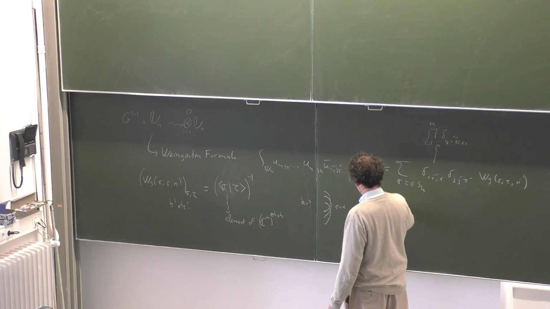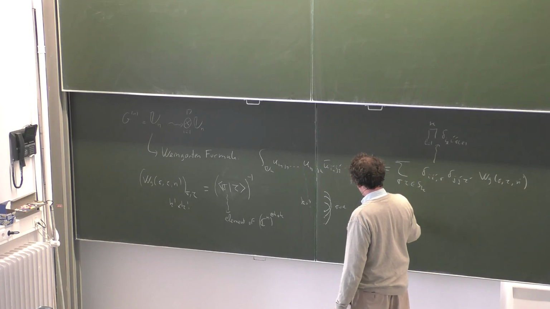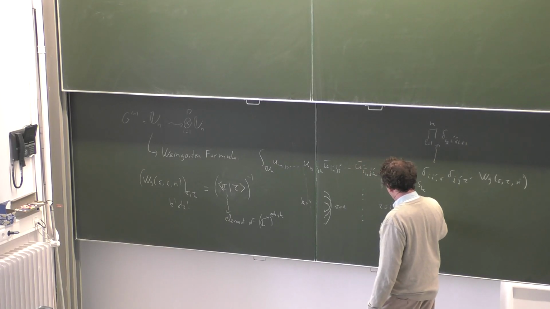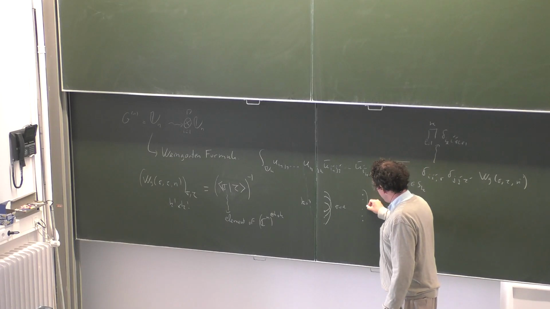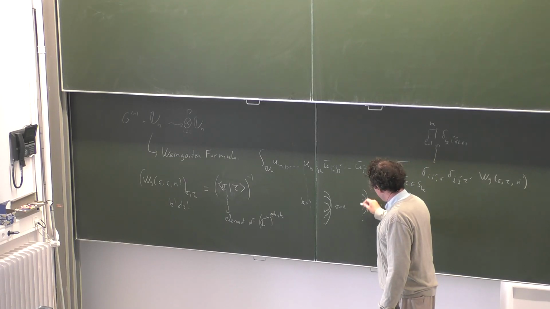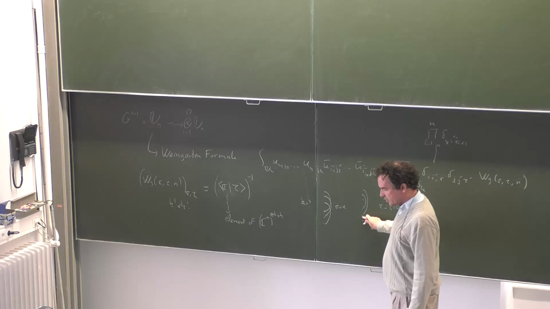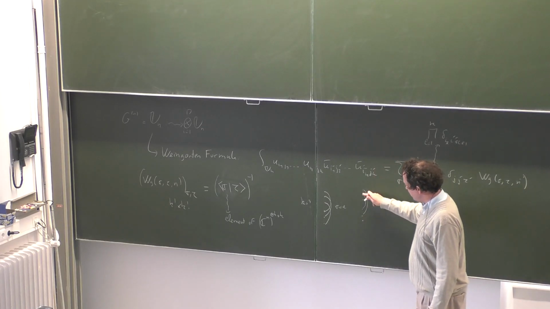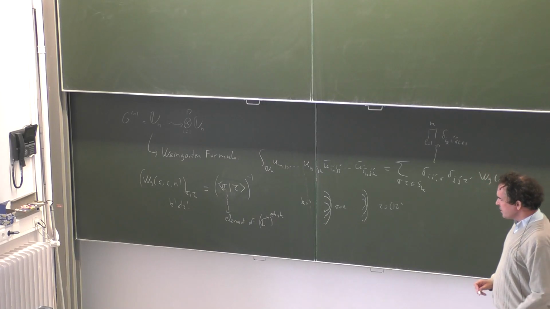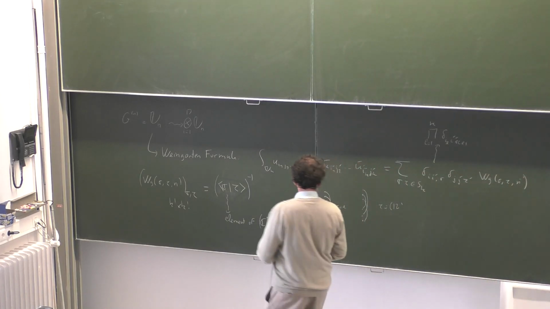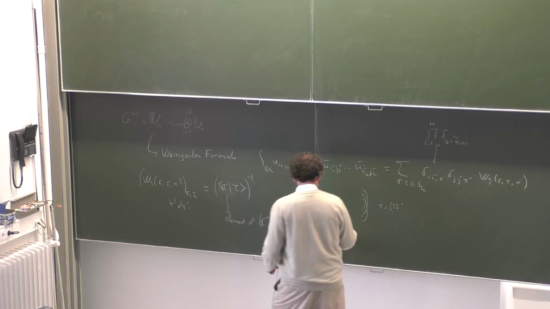And now tau is maybe the permutation which swaps 1 and 2. So I'm checking whether the first one is matched with the second, the second with the first, and the third one is unchanged.